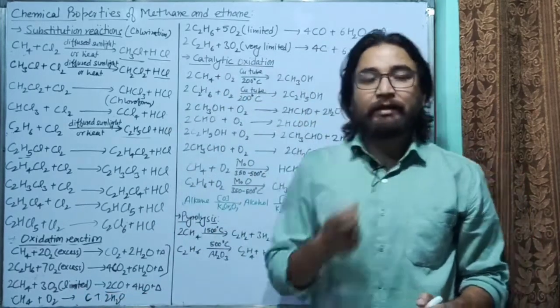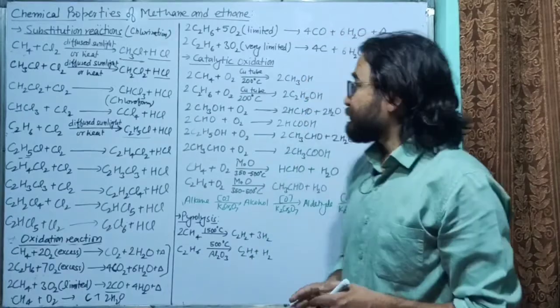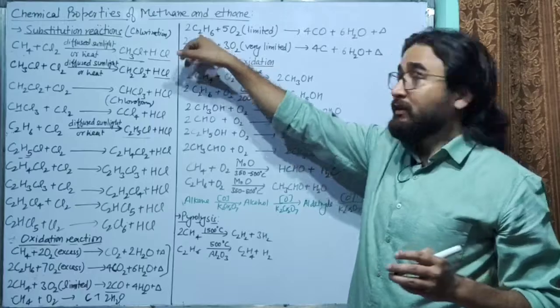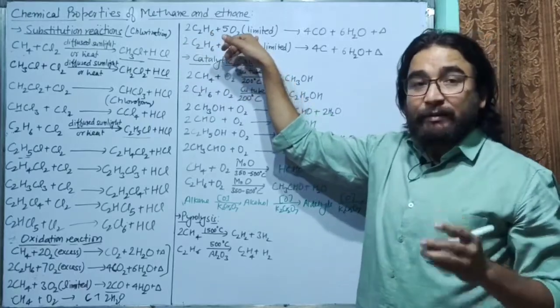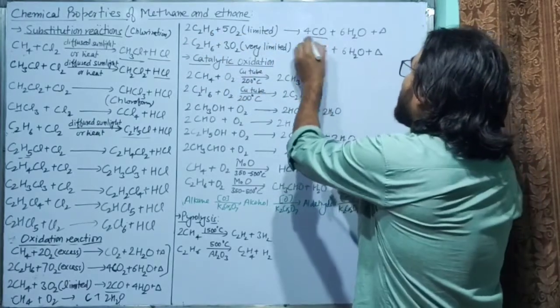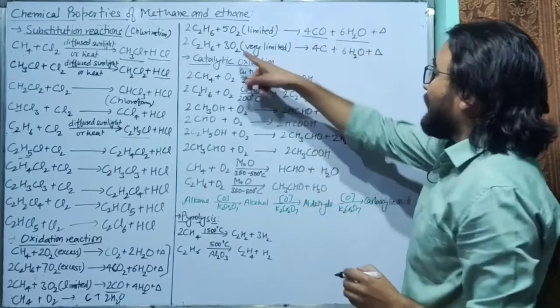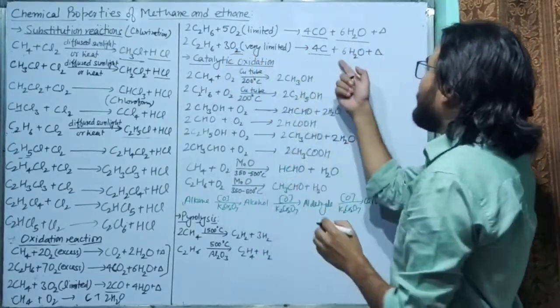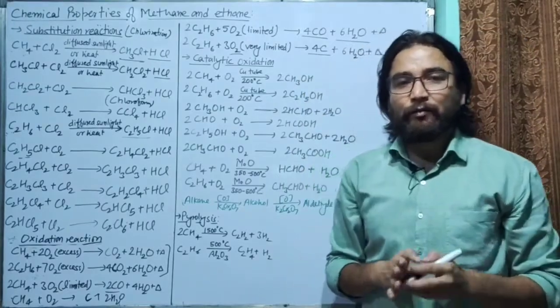So you will get carbon only. Now similarly, if ethane reacts with oxygen in limited supply, it will again form carbon monoxide and water, and if the oxygen is very limited, it will form carbon and water.